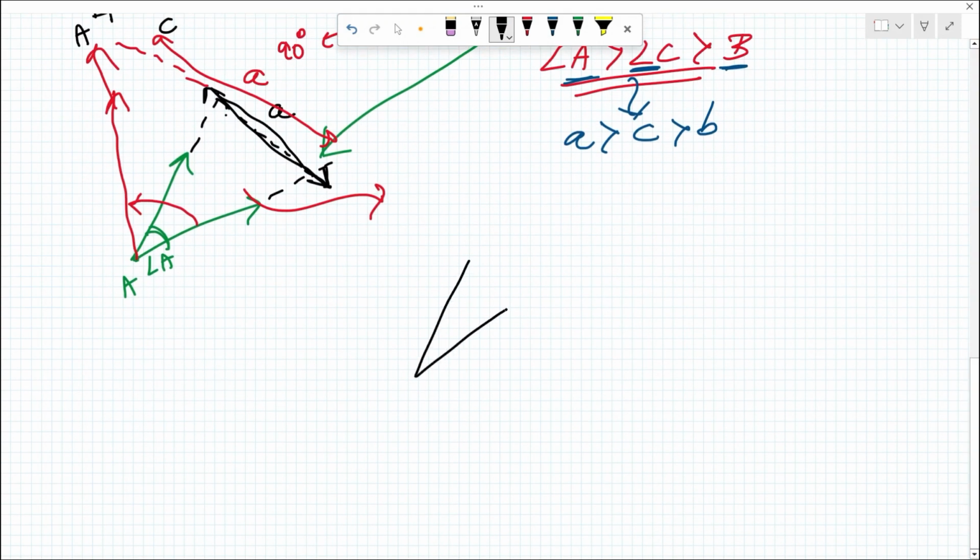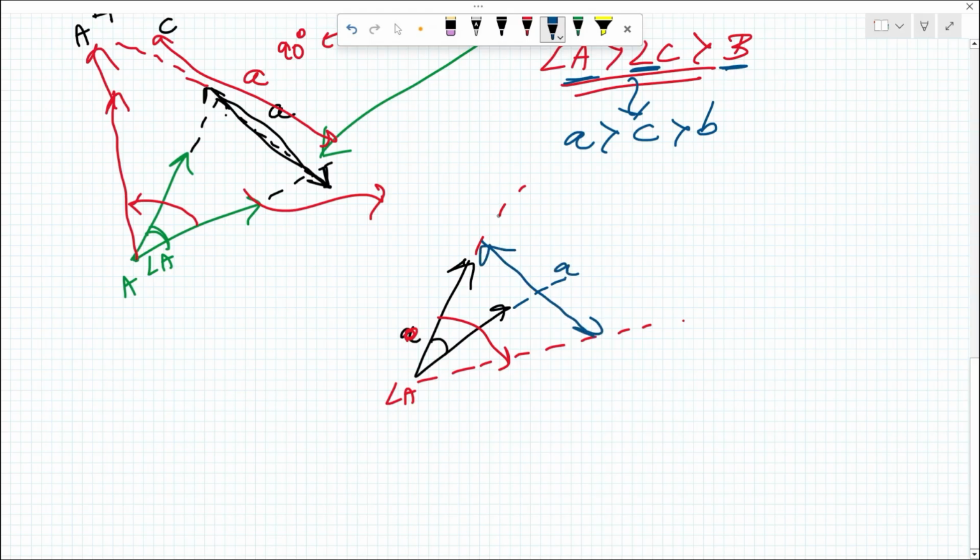What you must see is that if you take this angle A, and if you were to increase this angle A, then the length of the side opposite to angle A also increases. Can you see this?